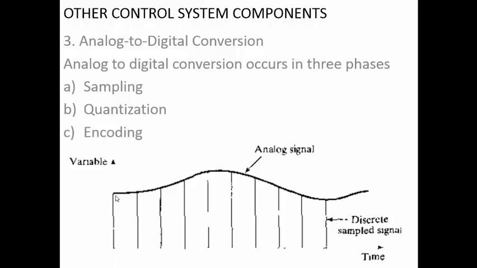The encoding process involves whatever level it has been allocated, it has to be converted into the corresponding digital code. For example, if we are having a 4-bit converter, then we can have 2 to the power of 4 minus 1, that is 15 levels ranging from 0 to 15, that is totally 16 numbers that can be used for representing the value.